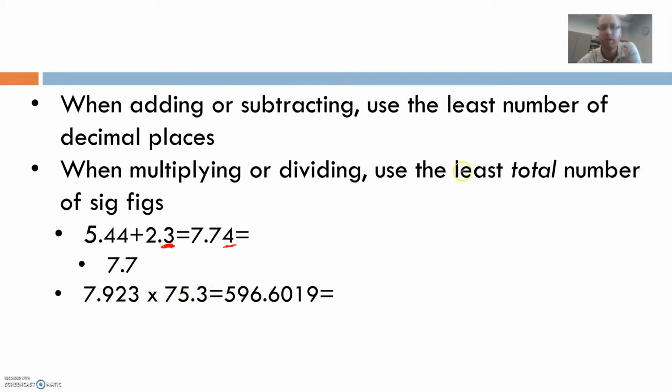What you're going to do is round it to the least total number of significant digits, which is 3. Excuse me, 3 significant digits, not 3 decimal places, 3 total significant digits. You're going to round it to the 596. This is greater than 5, so you round it up and you put 597.